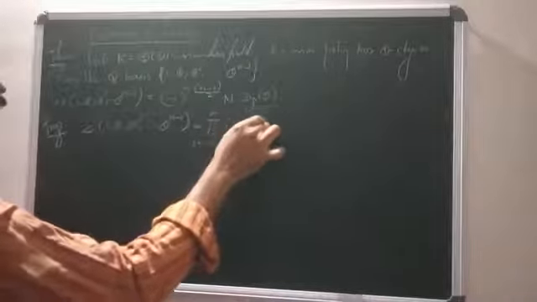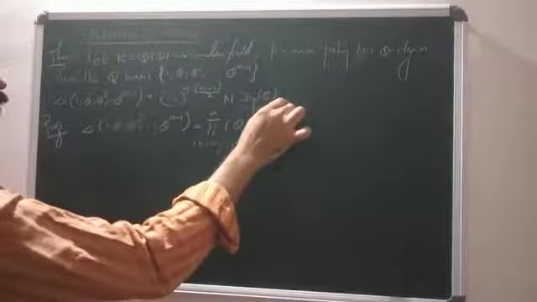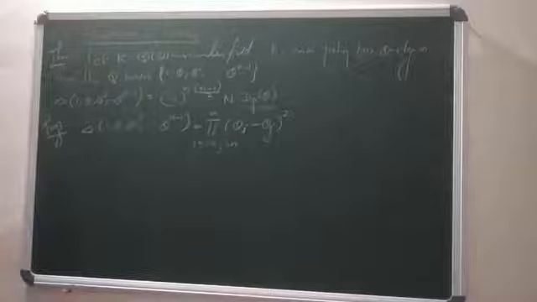Because by using the Vandermonde determinant idea, the discriminant of 1, theta, theta square, etc., theta to the power n minus 1 is the product of theta i minus theta j whole square.